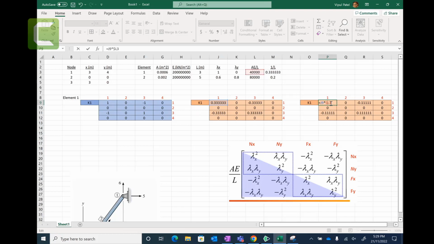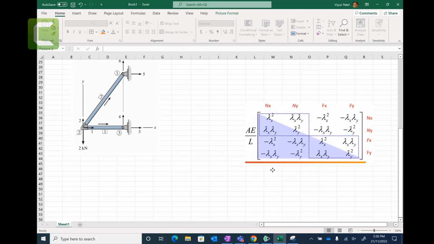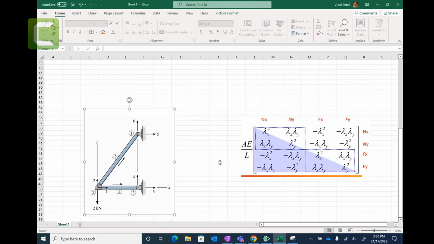Lock it means we don't want it to change. Dollar 3, and when you do these ones, look, they don't change. See, K9 changes because here you have J9, K9 becomes that, but the locked one did not change. So we can just go across and here. So that is your K1s, whatever you want to do. I think we are very close to finishing, but stay back for 5 minutes. We are going to finish soon.